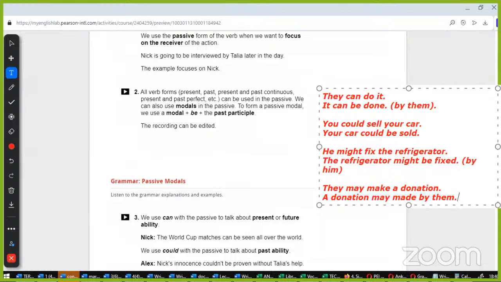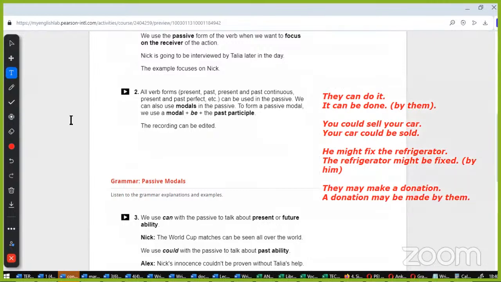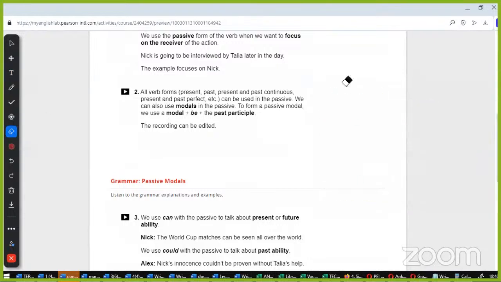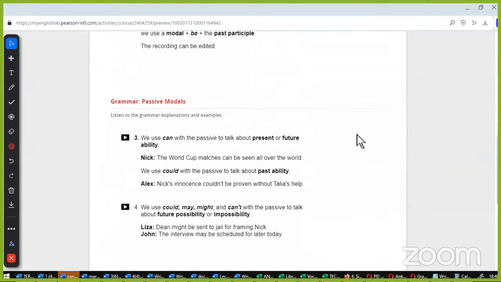A donation, but may not replaces. Okay, I think it's the verb be. Okay, where does it come? A donation may be made by them. Great. Great job. Any other question with number 2? No, mister. Okay.